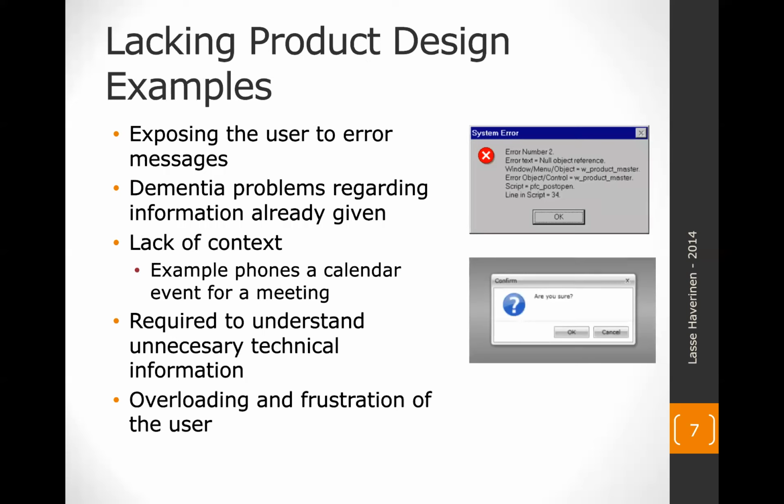Typical situations in user interfaces and applications, what you can notice, and the probable reason is that the application has not been designed very well or completely, or there has been some kind of rush in the process, are all these cryptic error messages to the user.